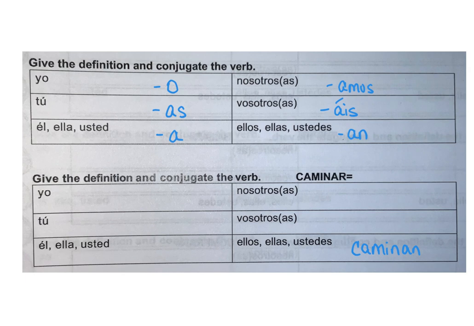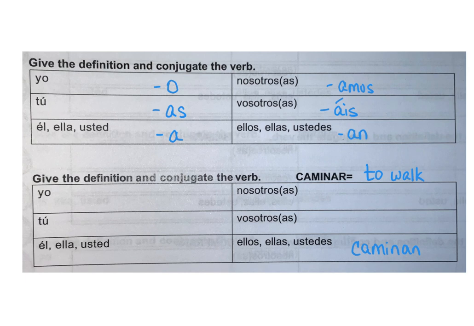And so if it is one that you know, you're going to fill in to walk there, because that's a verb you're supposed to know, caminar. All right? And then you're going to fill in that entire group: I walk, you walk, he, she, or you walks. We walk, you walk plural, you walk formal plural, or they walk. All right? So go ahead and fill that in.